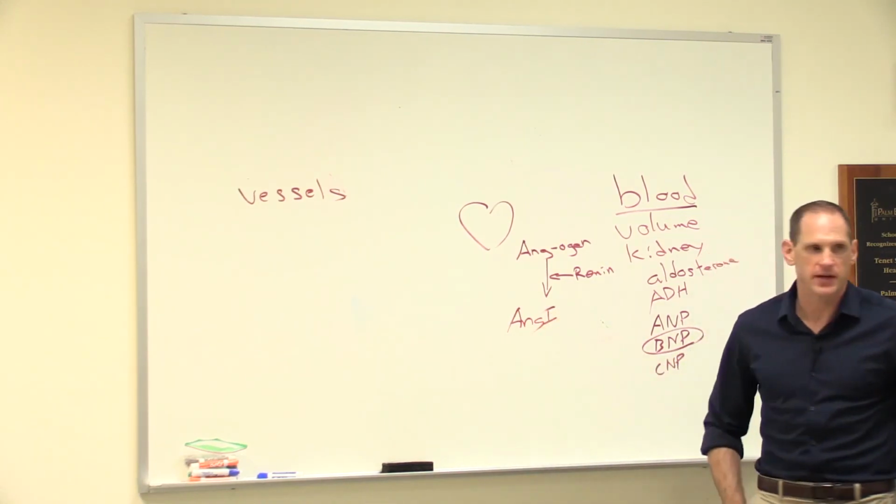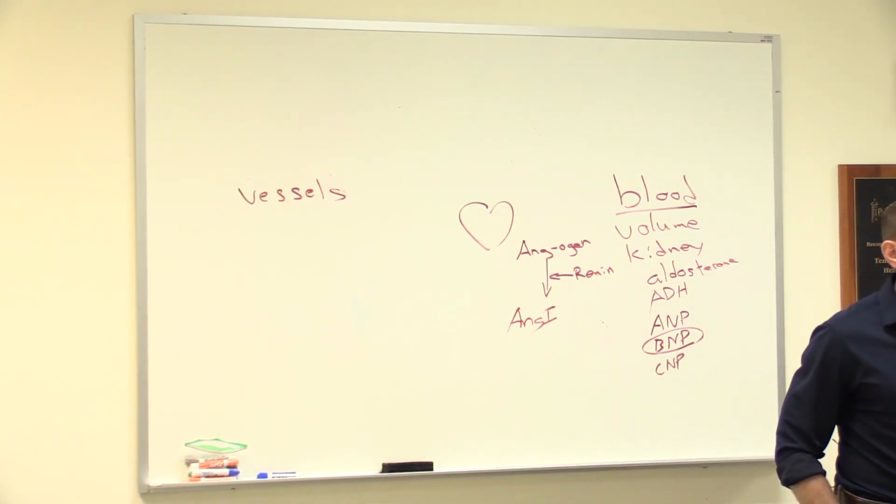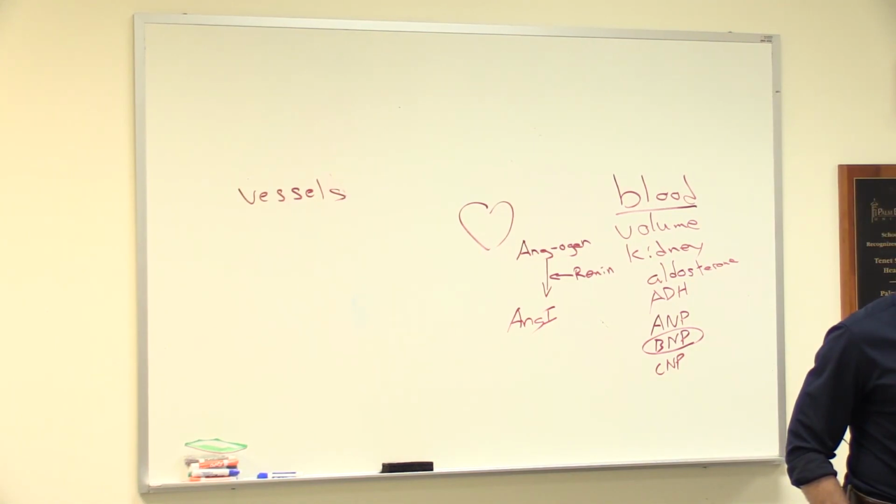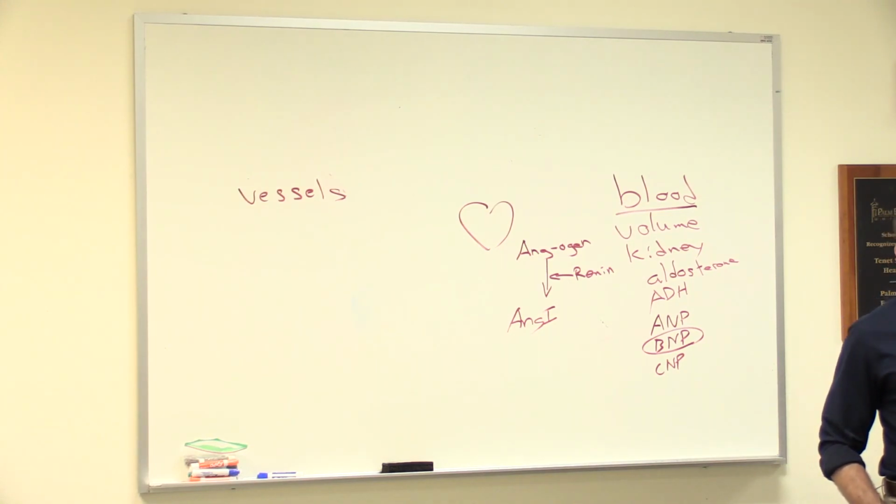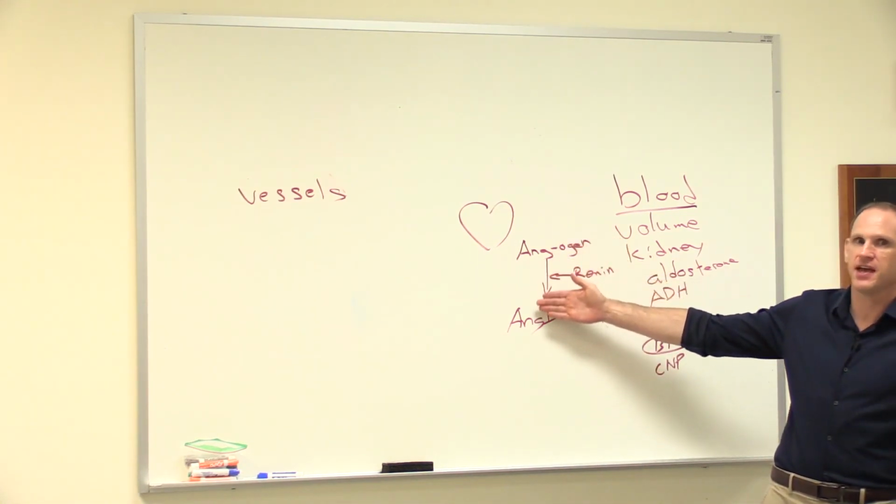Now, what releases renin? The renals? Okay, so what releases renin? The kidneys. So when the kidneys feel like they don't have enough blood flow, they secrete renin, which gets this cascade going.